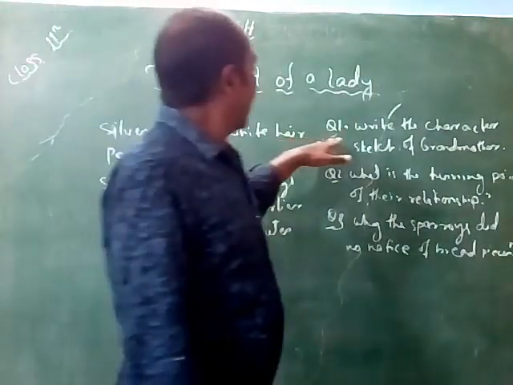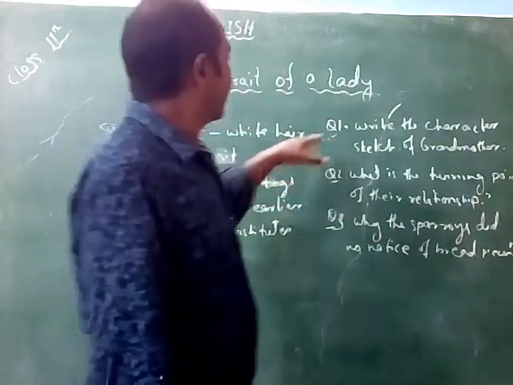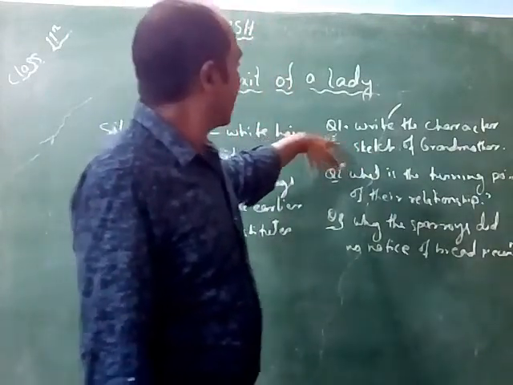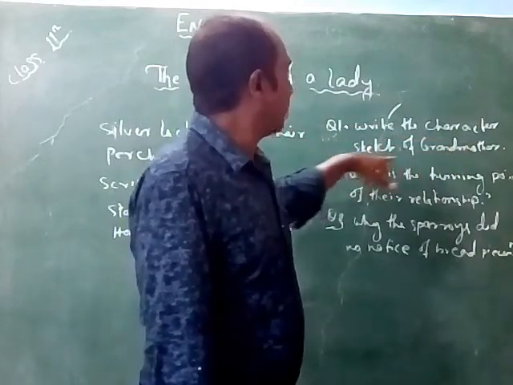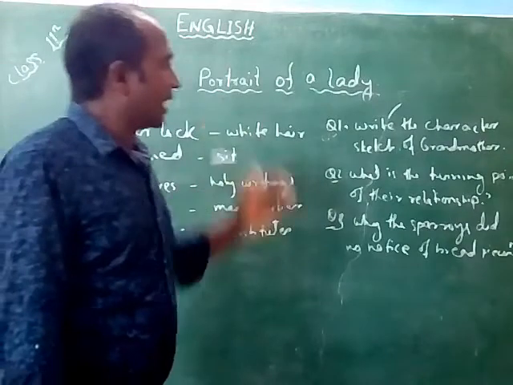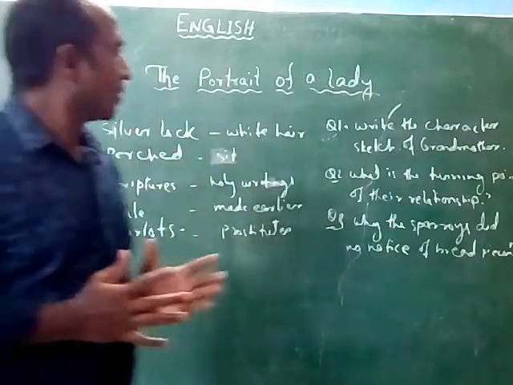Then, for you, these are the few questions which you have to answer and write to me. The first is, write the character sketch of the grandmother. I have already told you the grandmother's sketch. Her grandmother has a crisscross face, wrinkles.